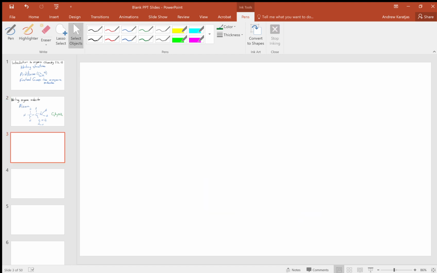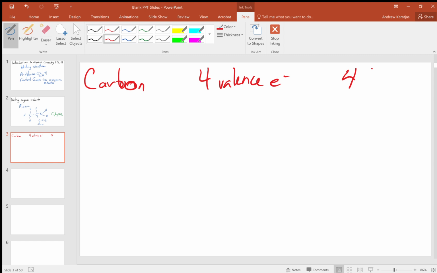So again, I want to remind you of our general rules that we talked about in one of the previous videos, but again, they're important here. Carbon, 4 valence electrons. Needs 4 more, it forms 4 bonds.